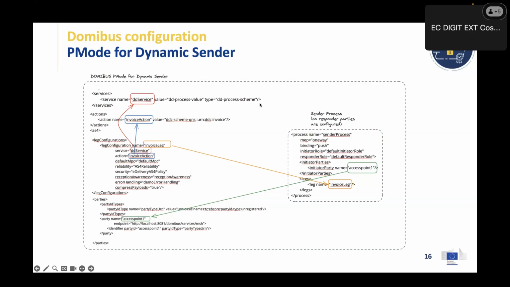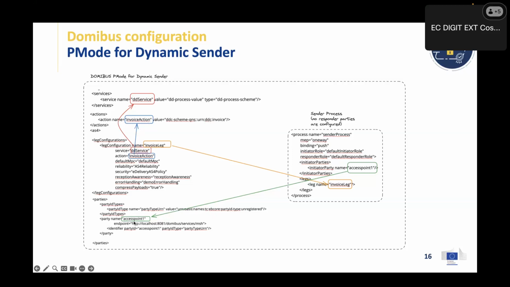So these are the values that we have used. We have to configure the service, we have to configure the action, and we have to create a leg configuration which is using these values. You see that my leg configuration is pointing to the service that I created before. The action is pointing to the action which is created here.